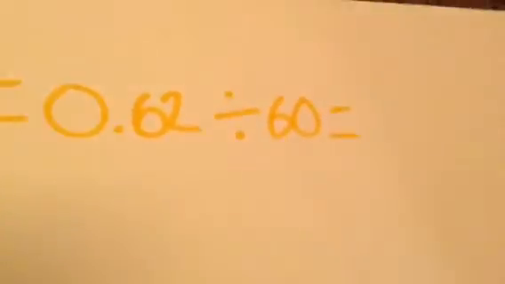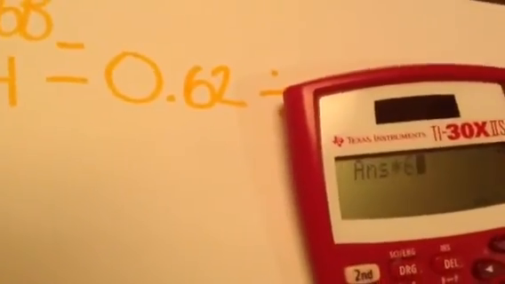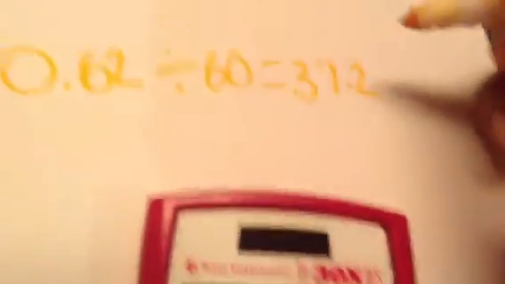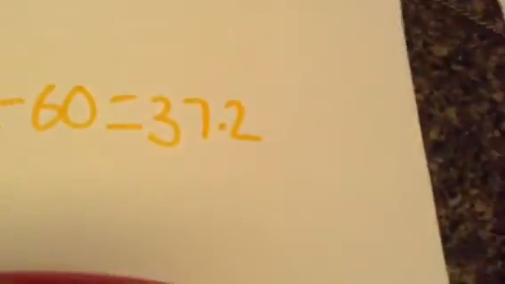So then you times it by 1 hour, which is 60 minutes, and times 60 equals 37.2 minutes. So that's how long it takes Harley to get to work.